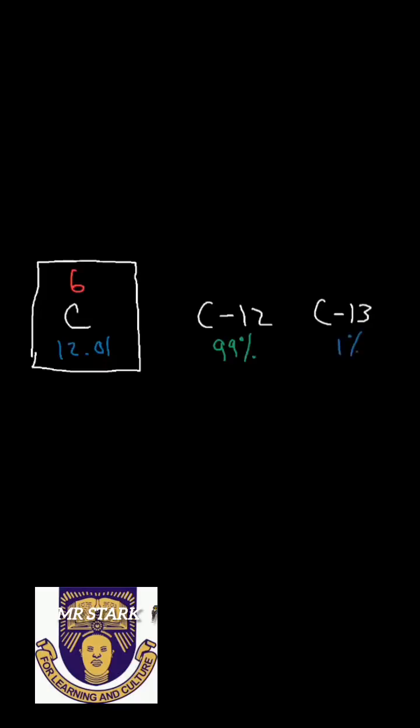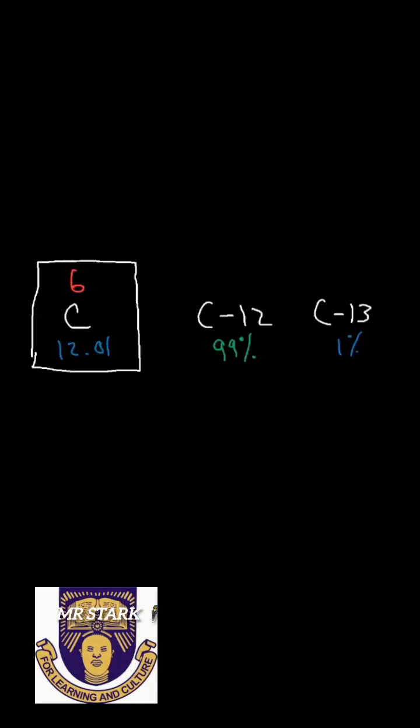The amount of carbon-14 is insignificant, so we're not going to worry about it here. So if you have 100 carbon atoms, 99 of those carbon atoms are going to be carbon-12, which means they have 6 protons, 6 neutrons. Now, out of those 100 atoms, one is going to be carbon-13, where it has 6 protons, 7 neutrons.